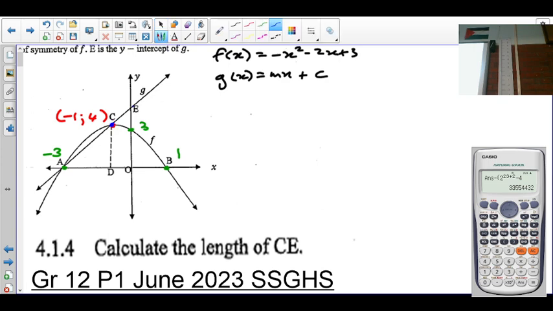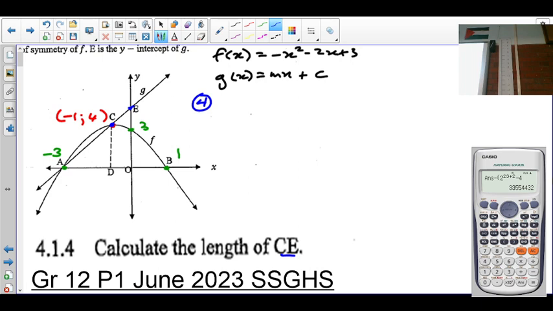I got the coordinates of C, however, I need the coordinates of E. Sorry, CE, not CD. Did I say CD? Okay. We need the coordinates of E. E is also the y-intercept of g. But hang on, I don't have the equation of g. So I need to do that first. Okay? I need to work out the equation of g first.